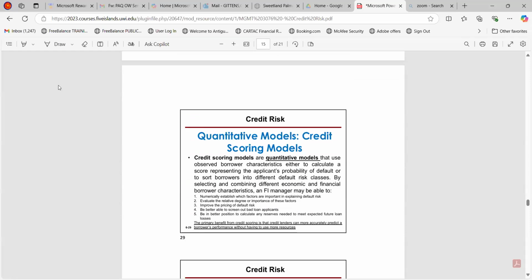And of course, the success of that model is going to be dependent on the experience of the loans officer and the loans committee that's assessing. Generally, a loans officer alone does not make the decision as to whether the loan should be given or not.